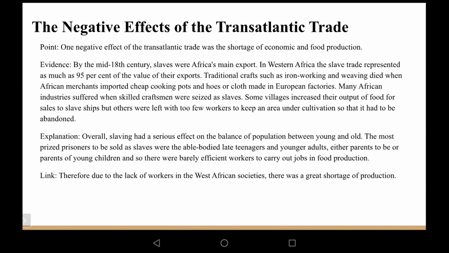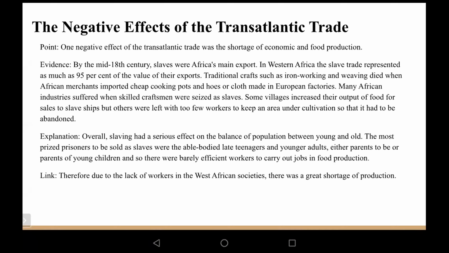Point one, negative effects of the transatlantic trade was the shortage of economic and food production. Evidence. By the mid-18th century, slaves were Africa's main export. In Western Africa, the slave trade represented as much as 95% of the value of their exports. Traditional crafts such as ironworking, weaving, died when African merchants imported cheap cooking pots and hoes or cloth made in European factories.